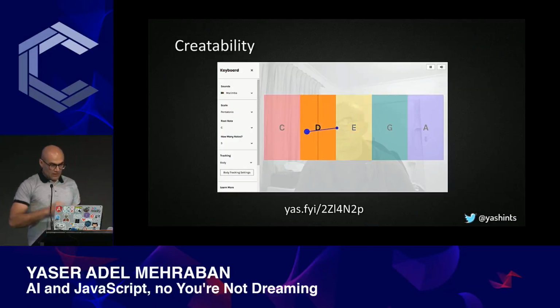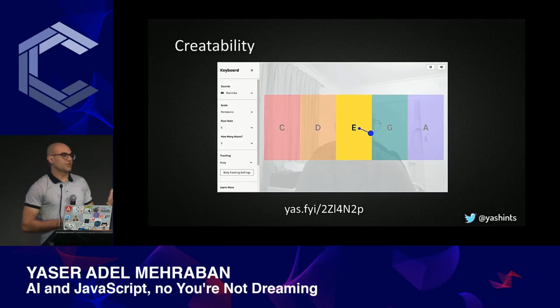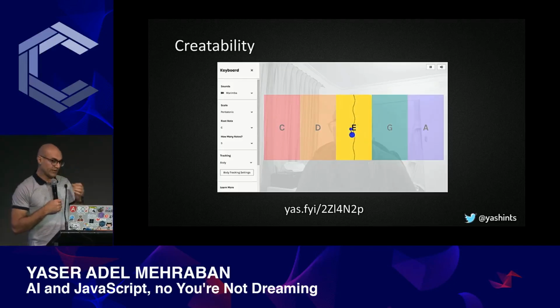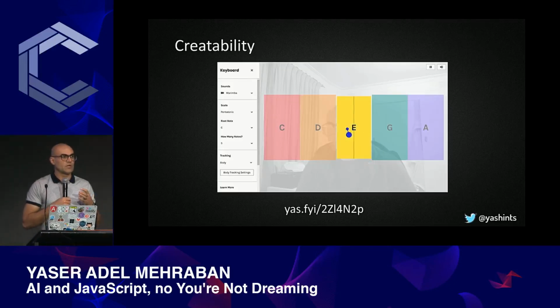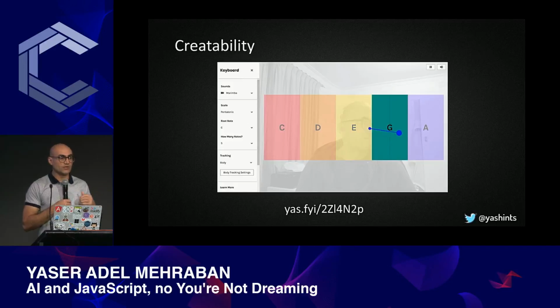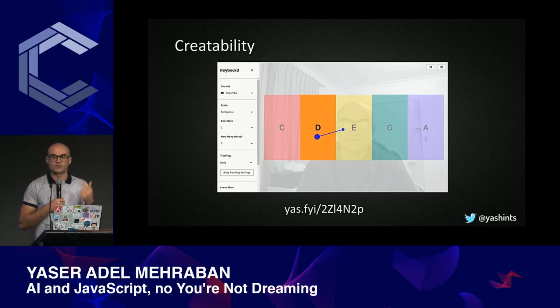OK, so what other usages does this bring to us? One of the cool projects that Google has done is called Creatability. The purpose of that is to make music accessible for people who don't have hands. How cool is that? If you can't play music with your hand, you can now play it with your nose.